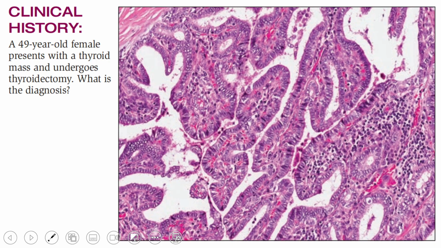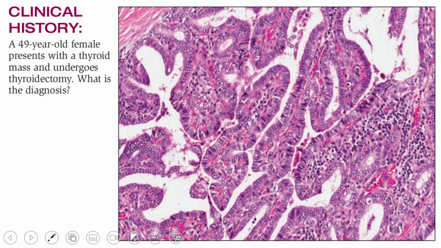And also we can see nuclear enlargement and Orphan Annie eye appearance of nuclei, that is, ground glass appearance of the nuclei. And next we can see nuclear crowding and overlapping. And also there is an oval shape of the nucleus as well.